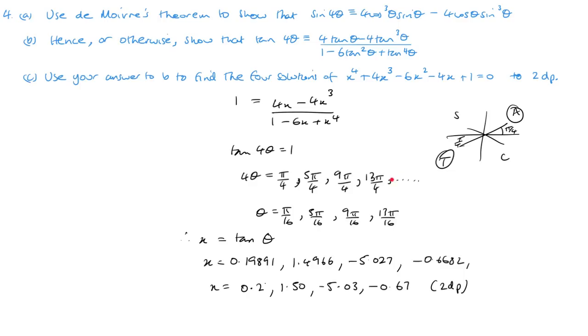And obviously if I carried on going, the next one was 17 pi over 4, so it would have been 17 pi over 16, and if you put that in you get back to this answer. So 4 unique answers, and if I carried on going I just keep on getting these 4 back. So that was the final question.